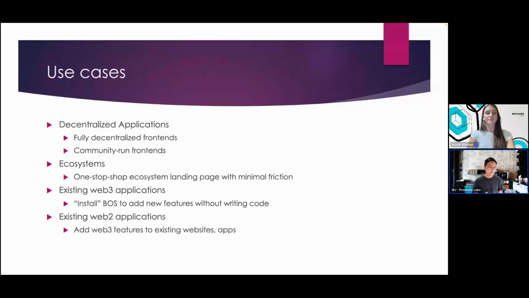And if you are running an existing Web3 application, you can easily install the blockchain operating system to add new features into your application without writing code, right? For example, as I mentioned earlier, if you're running DeFi Llama, you can install BOS to it and add features like Lido, like swaps into your application, so you don't have to write code for them.